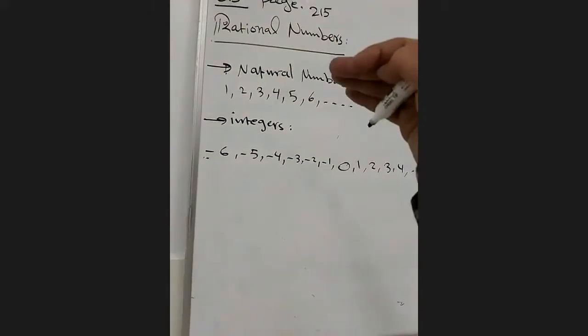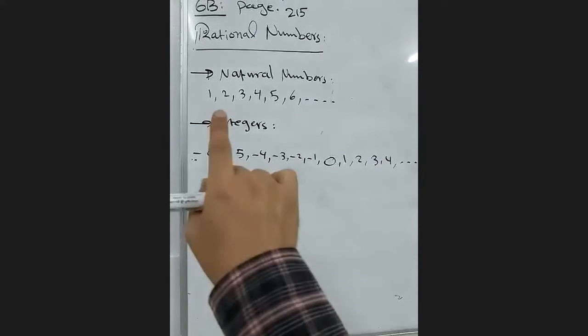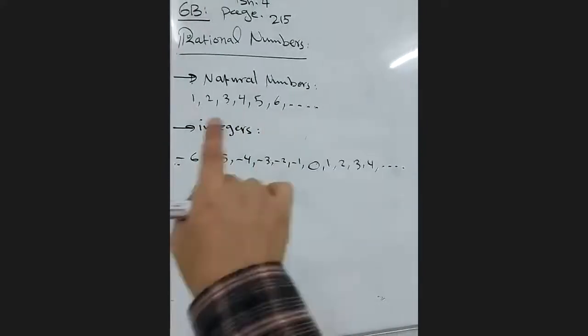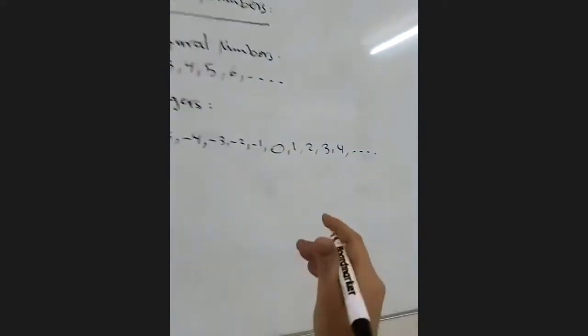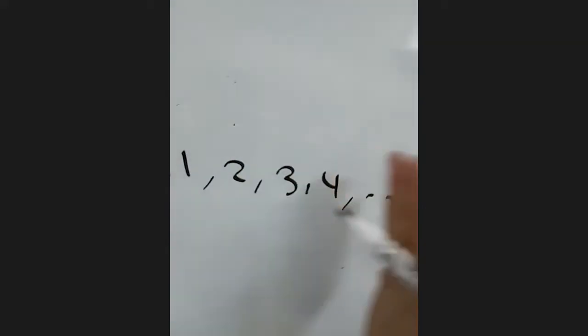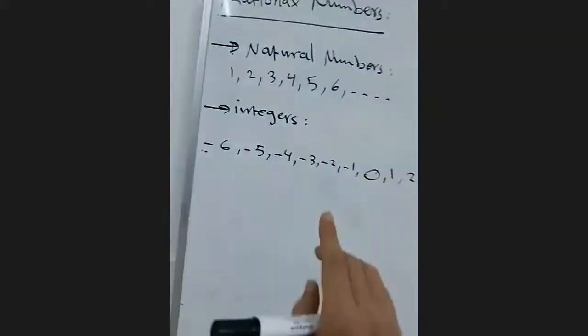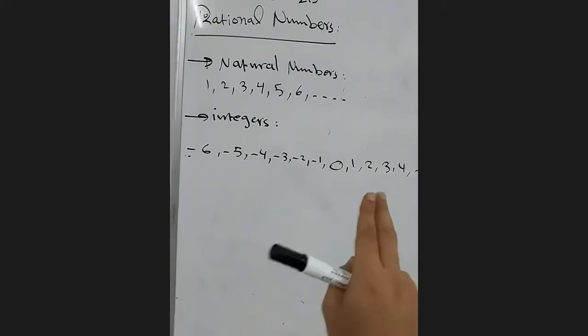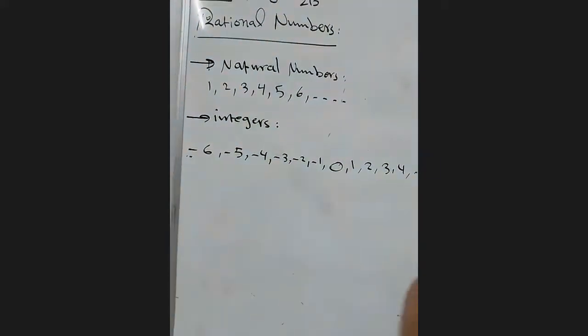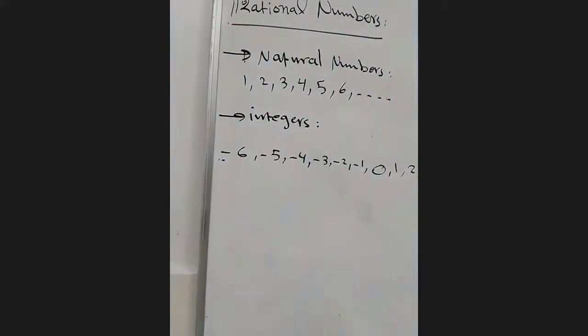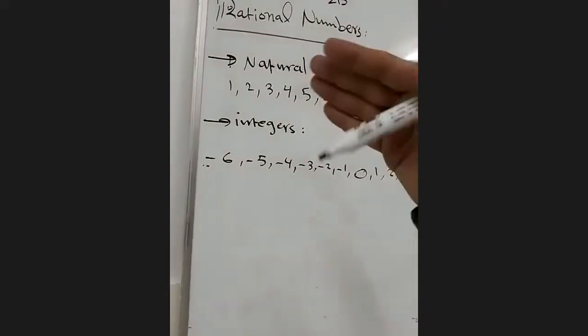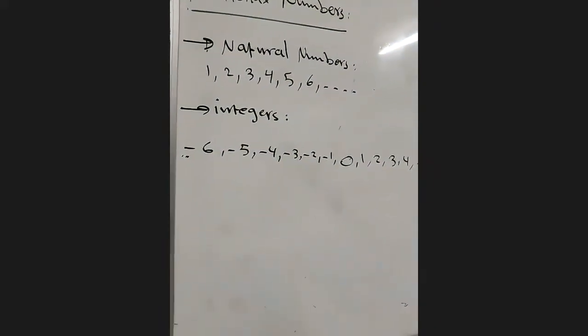So we have natural numbers and we have integers. Natural numbers are the positive integers, but the positive integers and the negative with 0 together, we call them integers. These are only names, guys, for these groups of numbers.